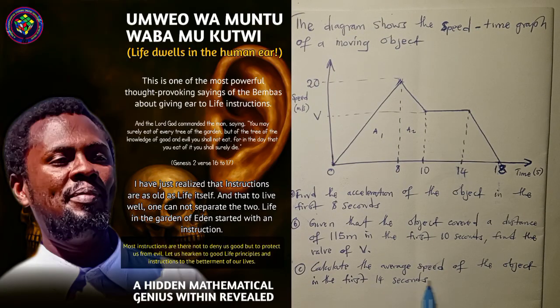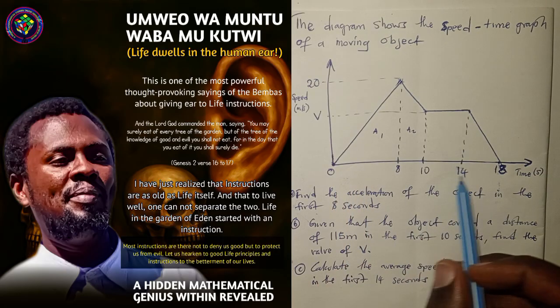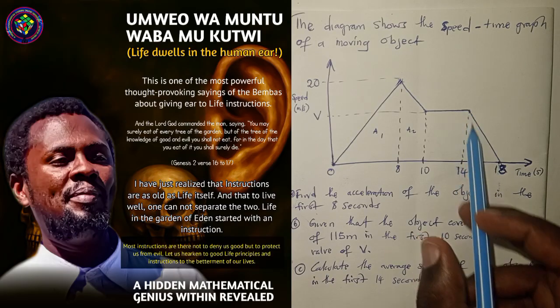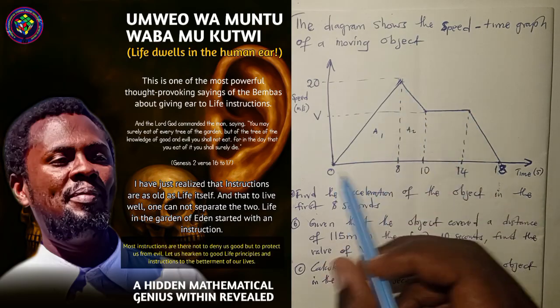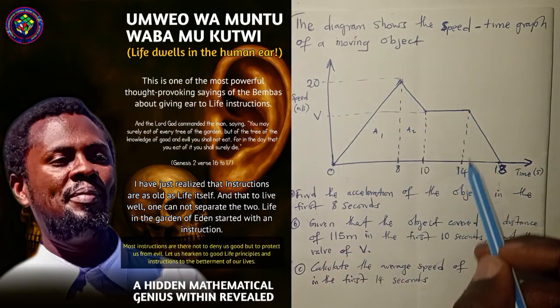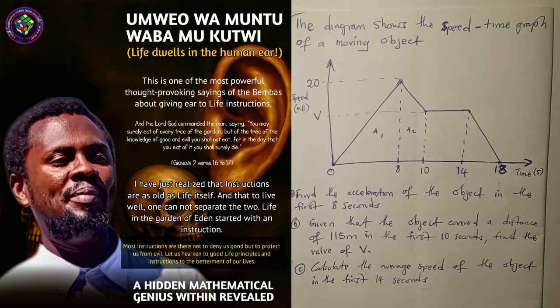Calculate the average speed of the object in the first 14 seconds. So up to that point. Again, we need to have the distance in the first 14 seconds.